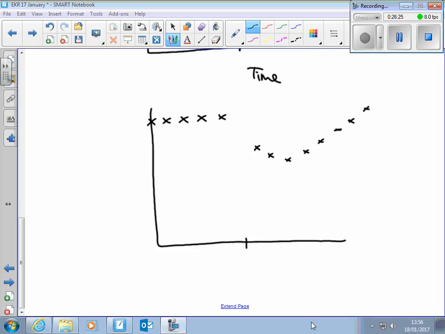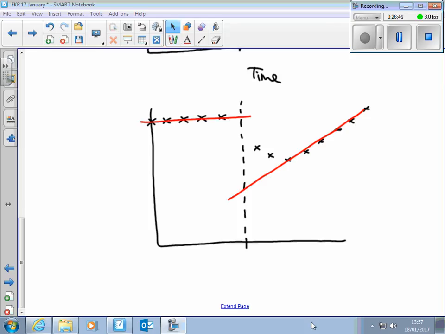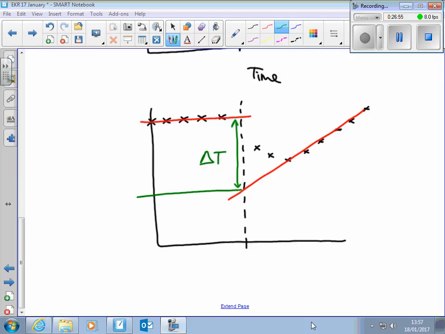So you get that sort of effect. So if this is our mixing point for an endothermic reaction, this time, of course, we're going to extrapolate back this bit. So we would estimate our temperature drop as being here to here. Sorry, I should have put that across. So this time that would be your delta T. You've got a negative change there.